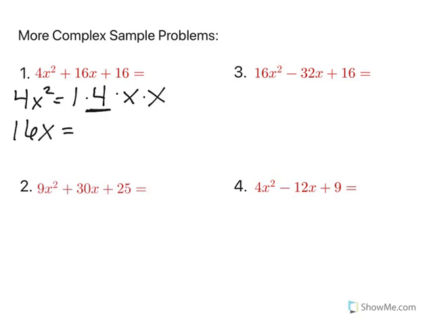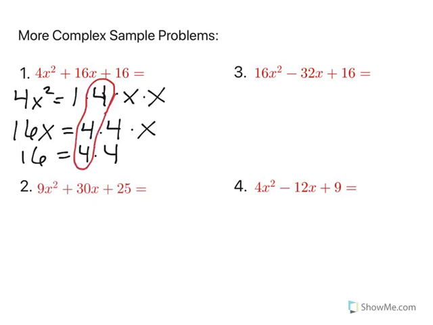And we see this 4 up here, so we're going to go ahead and do the 4 times 4 times x. And that would give us 16x. Lastly, we look at the last one, which is 16, and that equals 4 times 4. So our greatest common factor, the only thing that's shared with all 3 terms, is the 4.